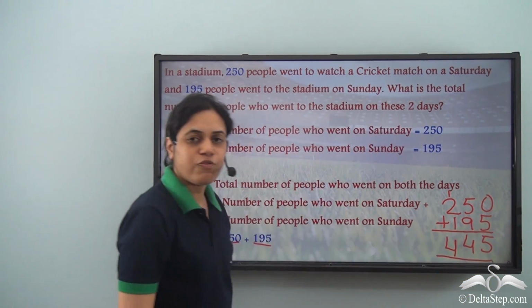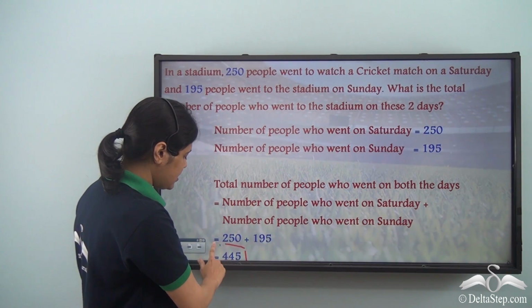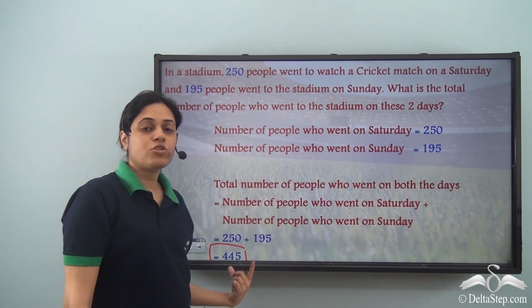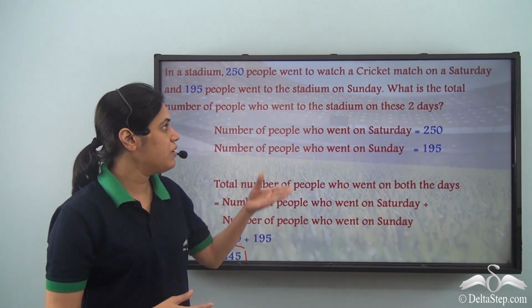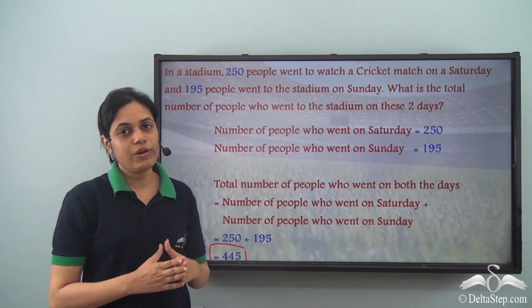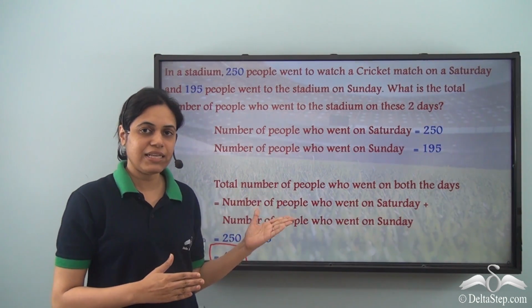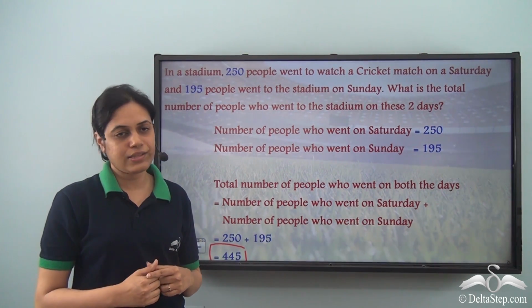So the answer is 445. So 445 people went to the stadium on both the days combined. This is the total number of people who went to the stadium on Saturday and Sunday.